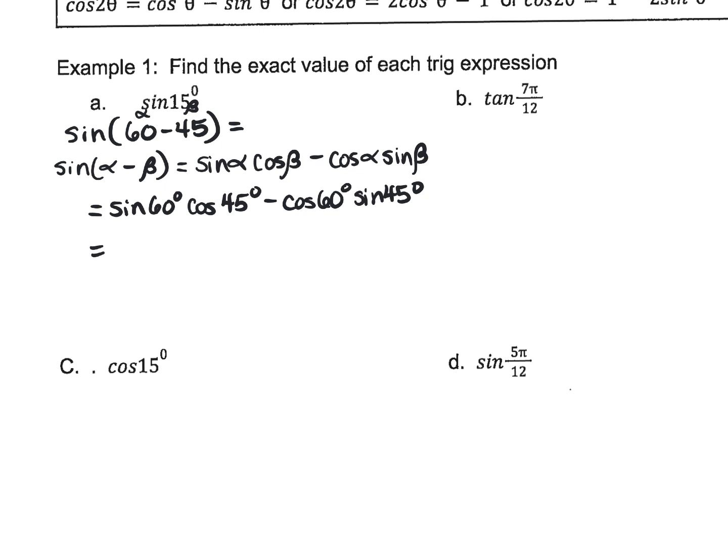So what is the sine of 60 degrees? So this becomes root 3 over 2 times the cosine of 45, minus the cosine of 60, which is, and sine of 45.